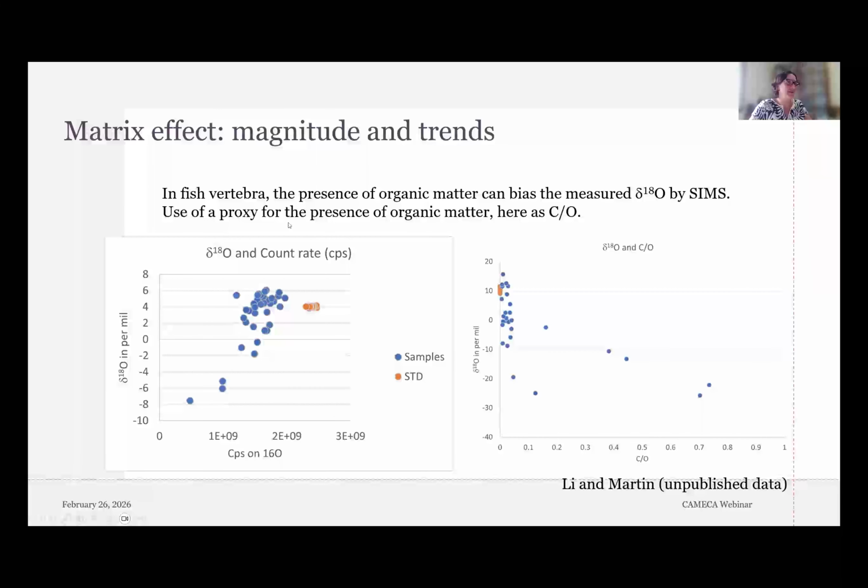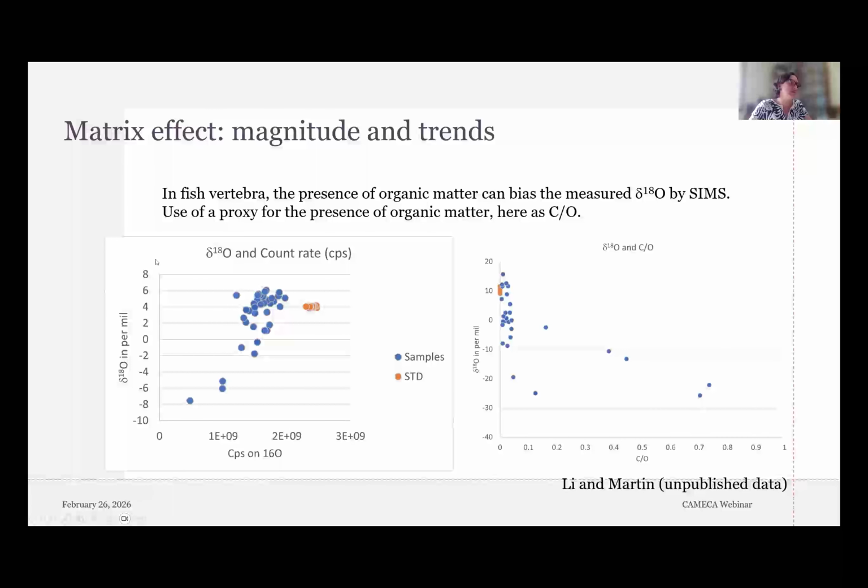So in that case, to try to identify any bias related to the presence of this organic matter, we used the carbon-oxygen ratio.